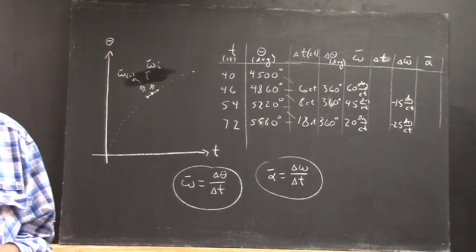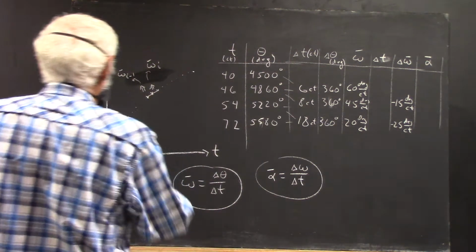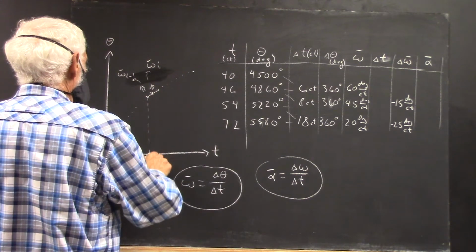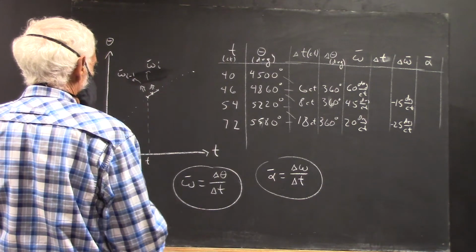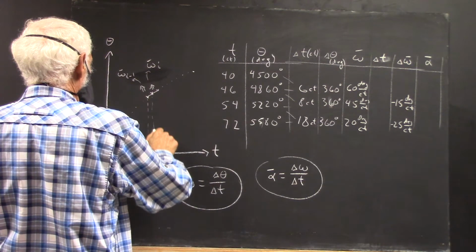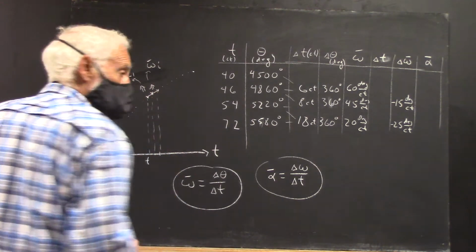Okay? Now, maybe down here we have some value of t, and another value of t, and another value of t, right?